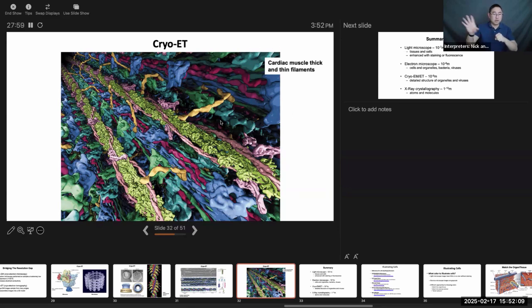All this blue and purple up here at the very top, that's the myosin thick filament, and then these yellow things are the myosin heads that are actually binding to the actin filaments, and that's the part that's going to contract to create muscle contraction.